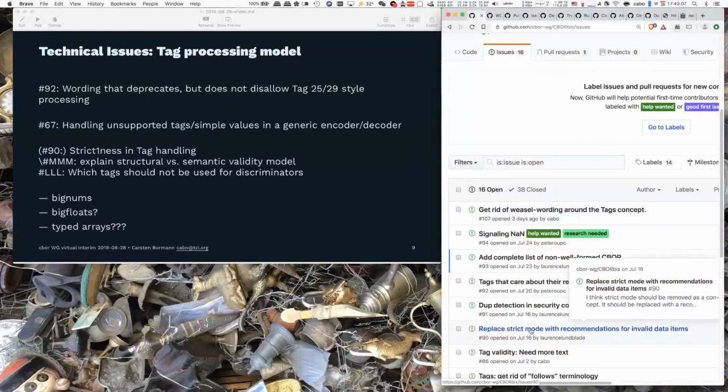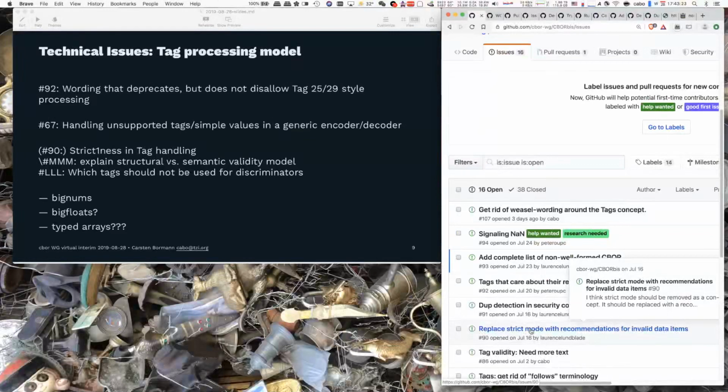Yeah, I think the basic idea here is the right one. We don't want to have a single strict mode, but we want to talk about ways of handling validity in tags.